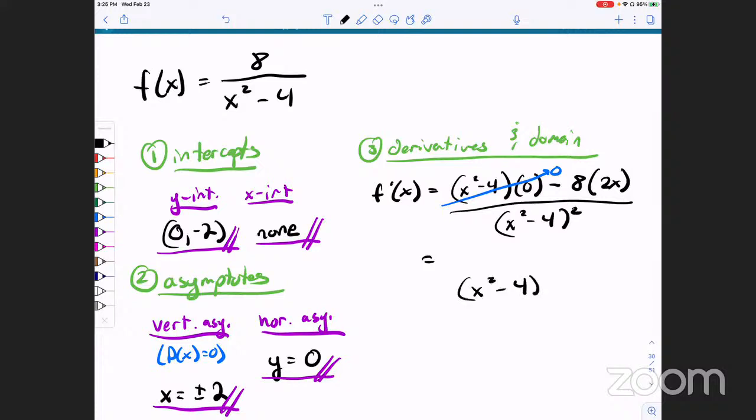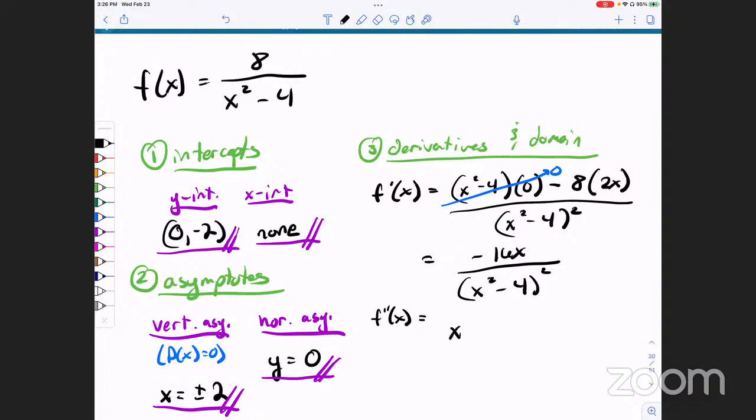So our f prime is negative 16x over x squared minus 4 squared. Now let's go ahead and find f double prime. Basically take the derivative of that.